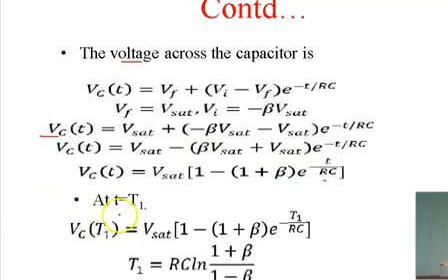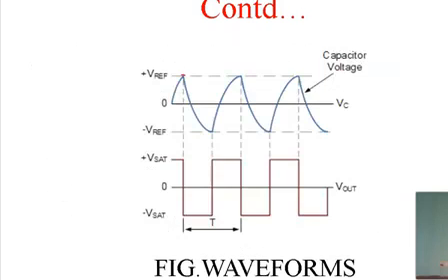Now, we are going to find the voltage across the capacitor at time instant t is equal to t1. Let us see the previous slide. At this first time instant, what is the voltage across the capacitor?